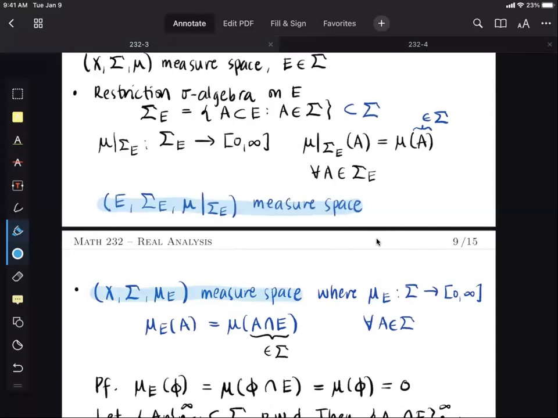So here your measure is obtained by taking the measure of the set intersection with the set E.